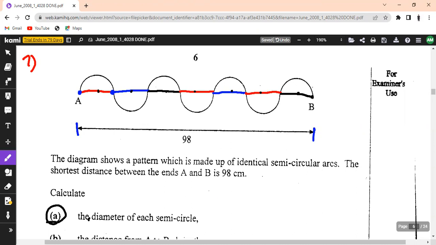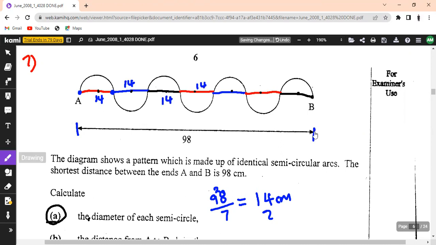So it's simply dividing 98 by 7 semicircles. That's 14 centimeters. So each semicircle that we have here has a diameter of 14 centimeters. So this is 14 here, 14 here, 14, 14, 14, each and every part.